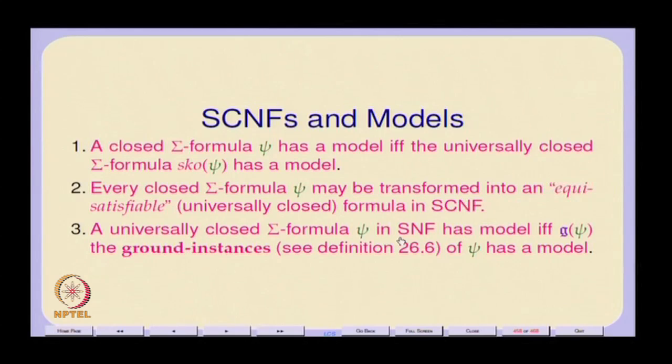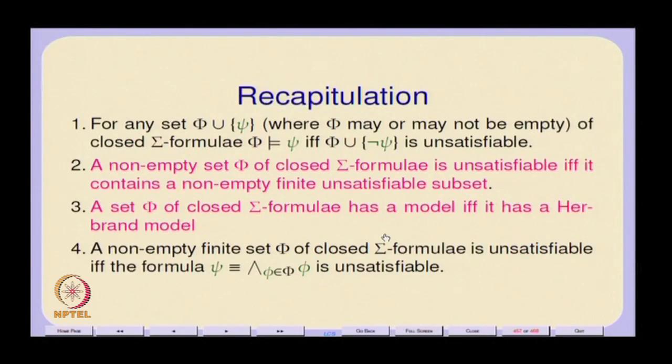So, your quest for models, or equivalently the quest for unsatisfiability, comes down to a quest for ground models or ground unsatisfiability. This is important because if you want to prove your arguments to be valid, then you need to prove that the premises union the negation of the conclusion is unsatisfiable.